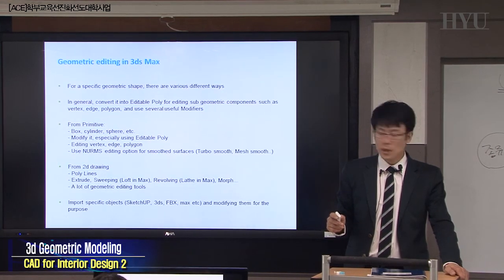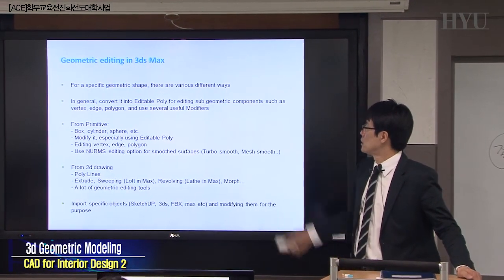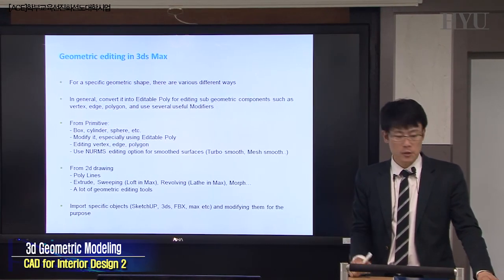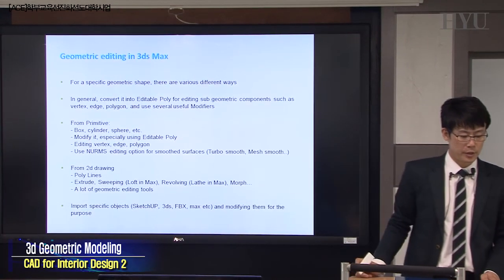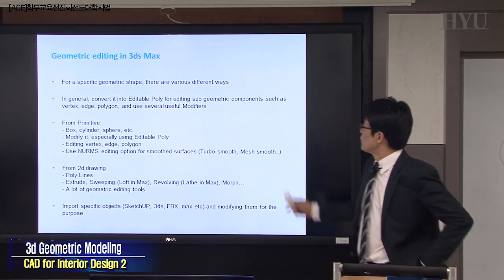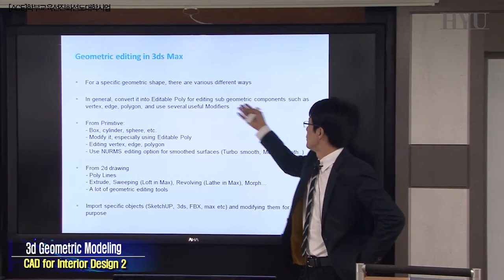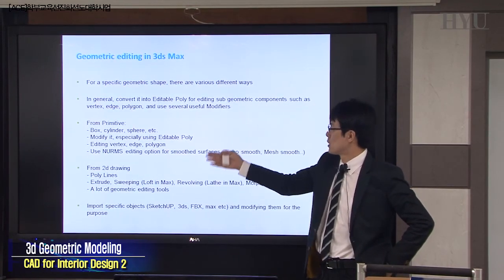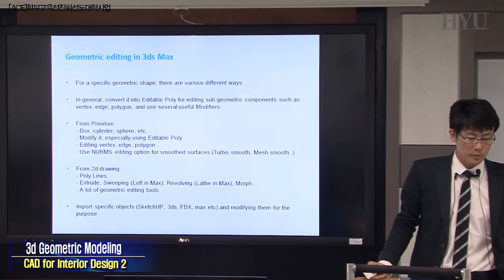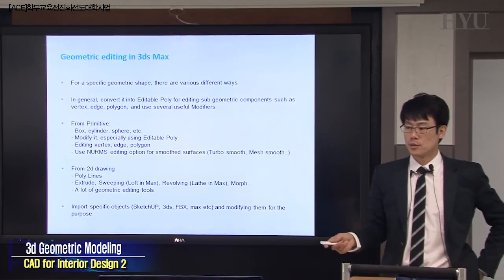So in general, converting into editable poly is a frequently used method for creating 3D geometry. You can edit subgeometric components such as vertex, edge, polygon, and even more things, as well as some modifiers.